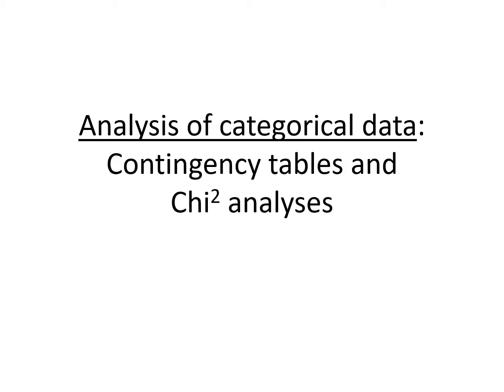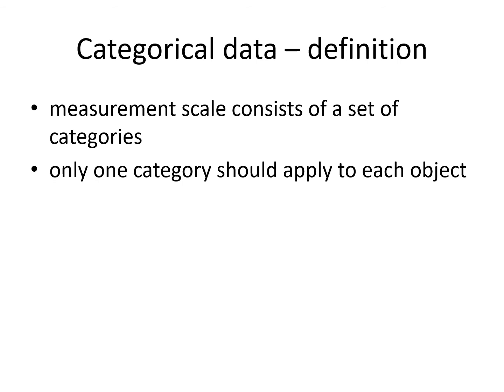So, in this recording, we are going to be thinking about contingency tables and chi-squared analyses and how they allow us to analyze categorical data. So first, let's just define what categorical data looks like. Essentially, you are generating categorical data when your measurement scale, in other words, how you're recording your data, consists just of one set of categories.